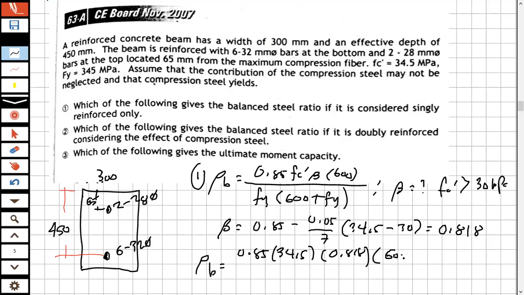Then you have 600, and then you have Fy of 345 over 600 plus 345. Calculate the value. 0.85 times 34.5... 0.044. Okay, 0.044. Fast. The calculator seems good.